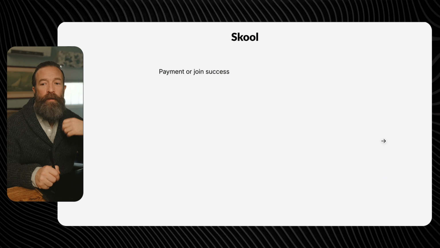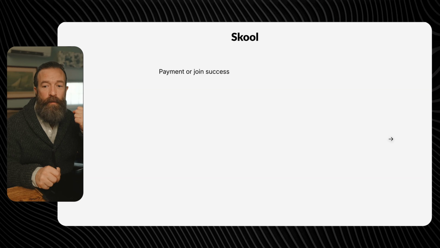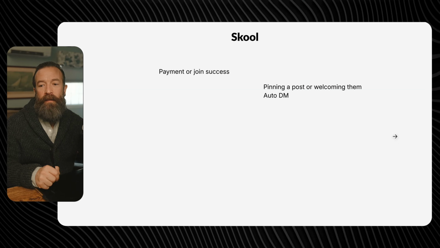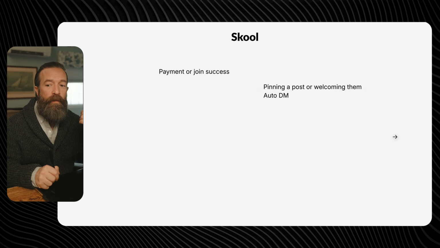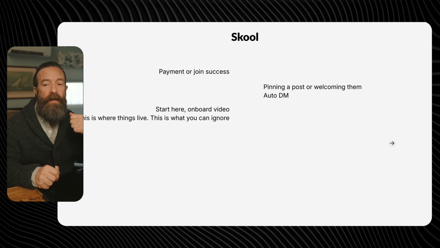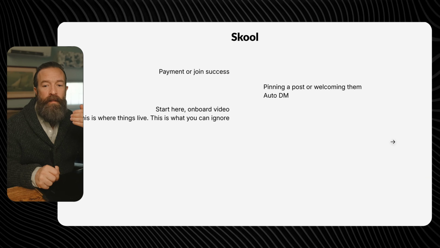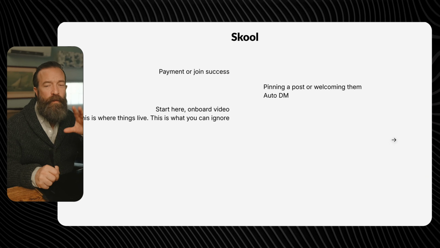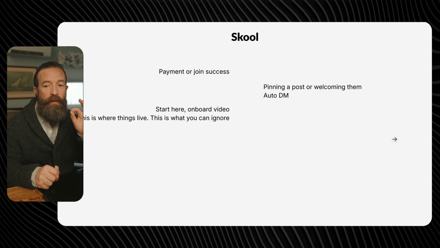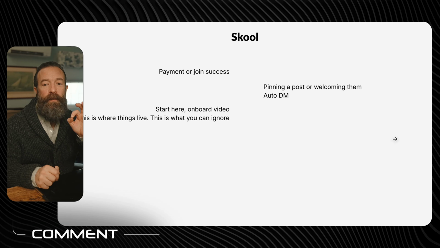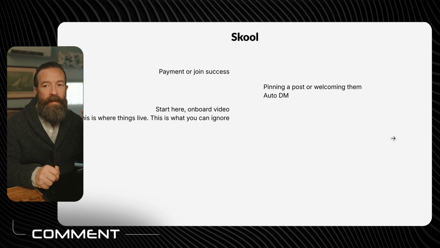So let's go over it again for Skool. They join, and then you can pin a post, or you welcome them right away with a DM, and then you can have that onboarding video. This is kind of specific for Skool, but I wanted to lay out what this looks like in the actual thing that you should do. So you have your onboarding video and things like that, right?